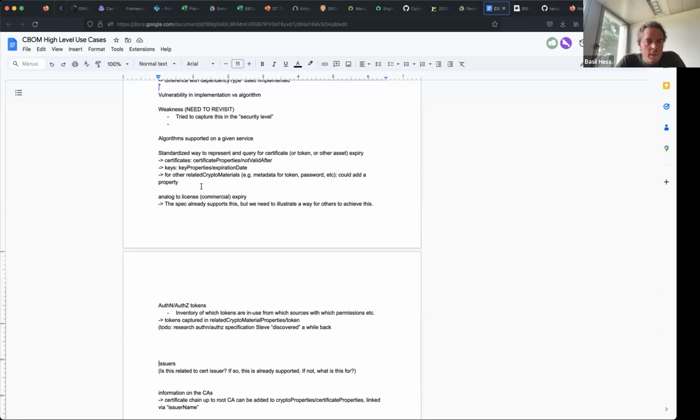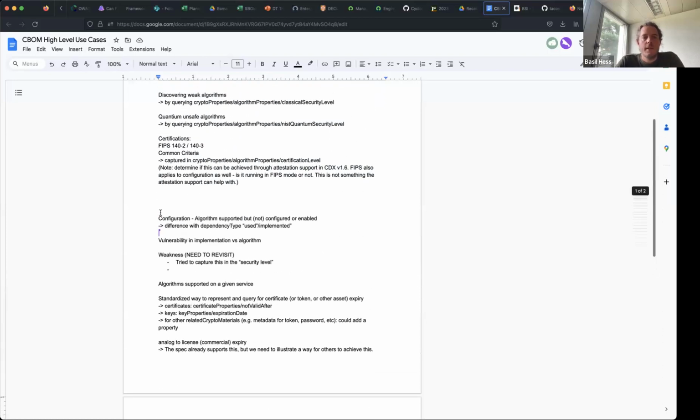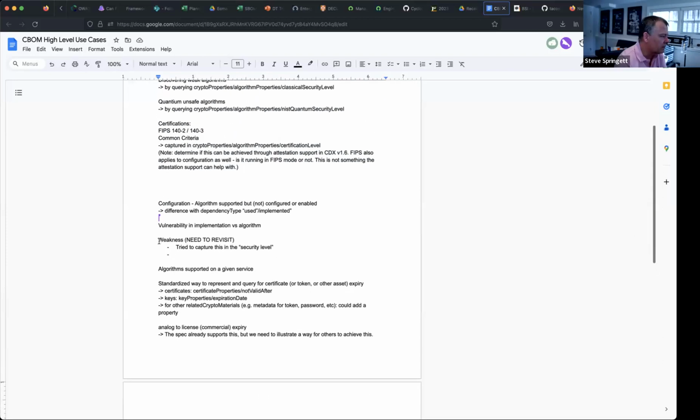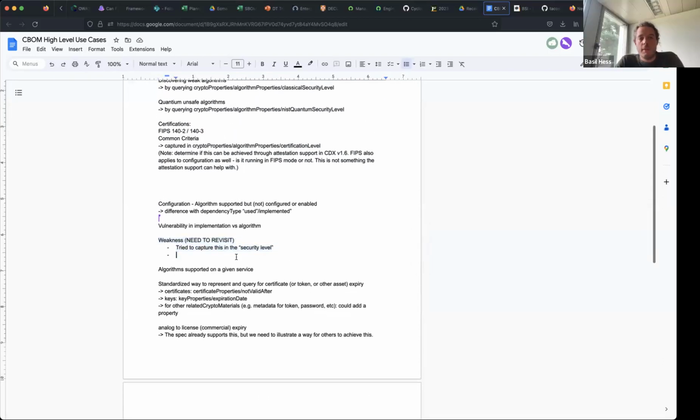That needs to be revisited, so that might be a discussion point. You can say a crypto weakness can be described by the security level, which I think should be enough information actually, or if there is something explicit you would like to have there, right? Telling that's a weak algorithm or not.